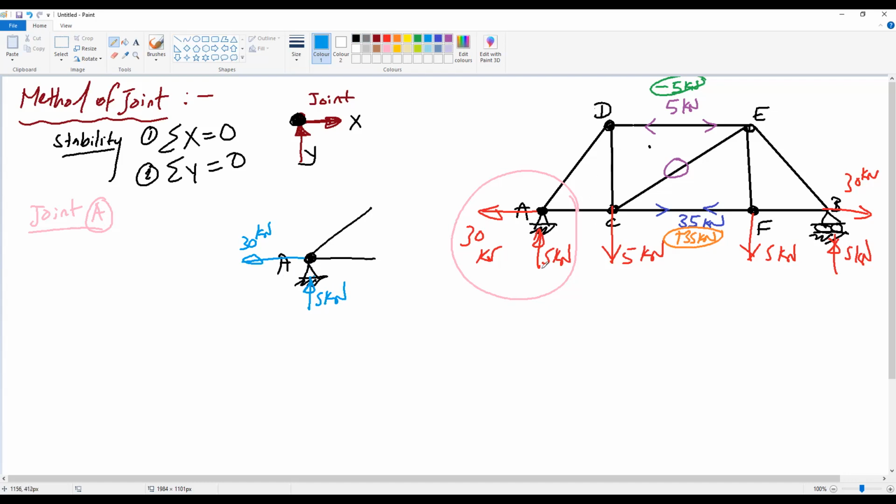When we take the joint out, we have cut the members, member AC, so we have FAC, and also member AD, so we have FAD.